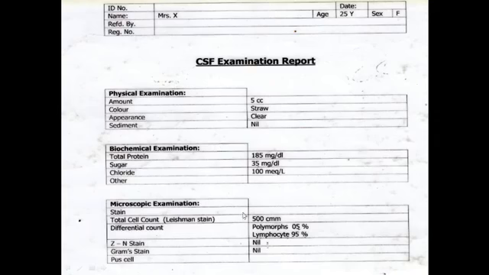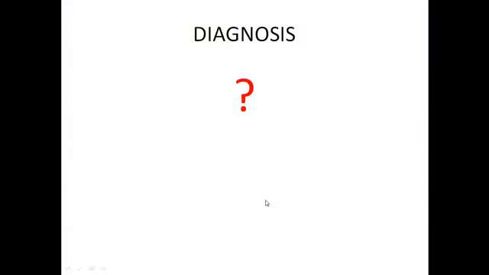Yes, if we study this CSF examination report from the very beginning to the last: Name Mr. X, age 25 years, sex female. Color straw, appearance clear, sediment nil, total protein highly increased, sugar decreased, chloride measured, total count, differential count: polymorphs 5%, lymphocytes 95%. So what is the diagnosis of this CSF report?